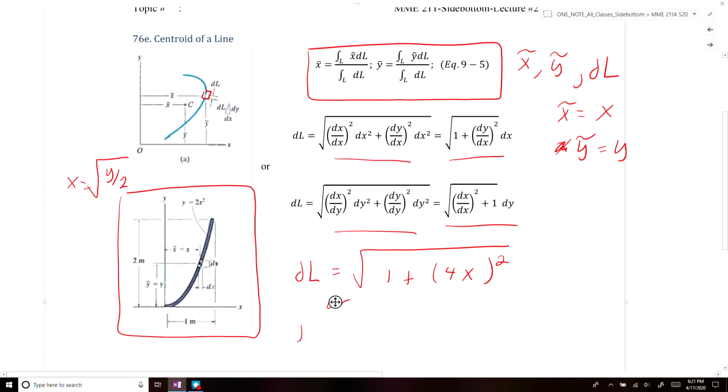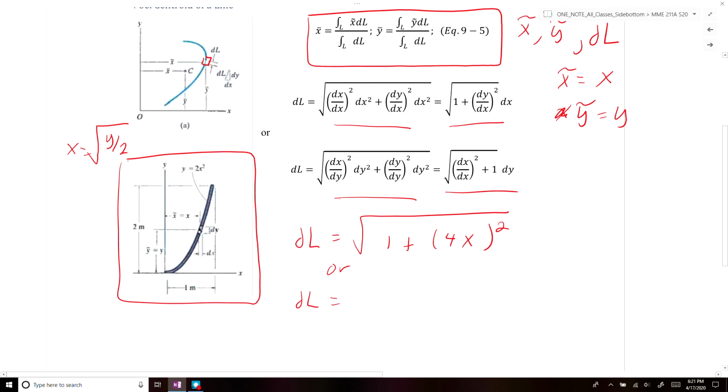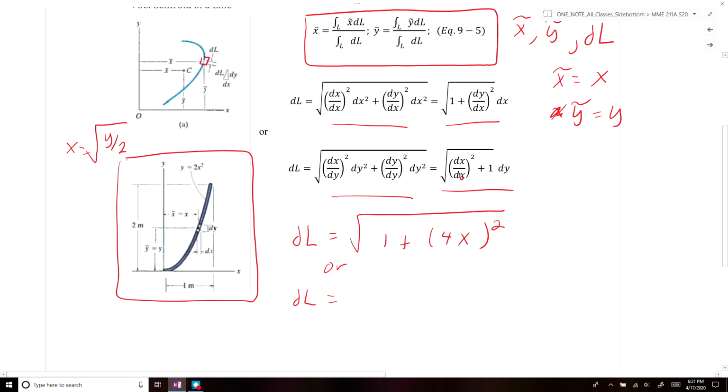So if you took dx with respect to dy here, we'd end up getting 1 plus 1 half times 1 over 2 to the negative 1 half, squared.